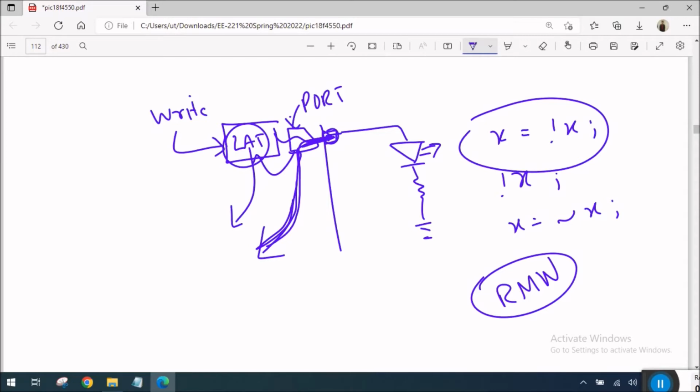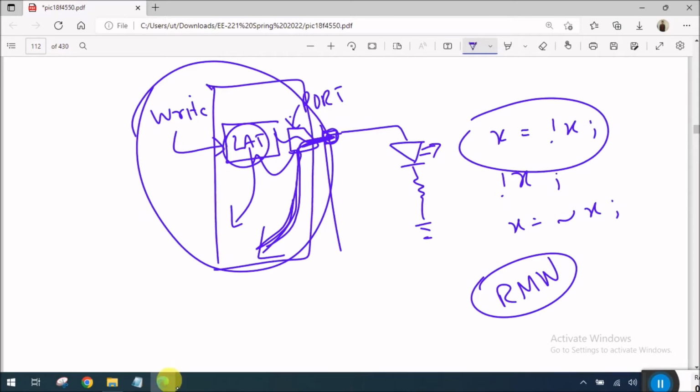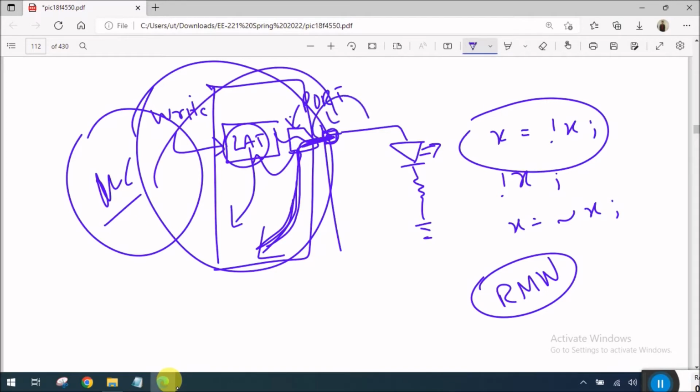So these are the 3 registers that are associated with each single pin or each single port of this microcontroller. And to let the user configure the port as an output port or as an input port, or to perform read-modify-write operations or any simple read and write operations, we have a complex circuitry connecting the registers inside the microcontroller to the actual hardware pin.